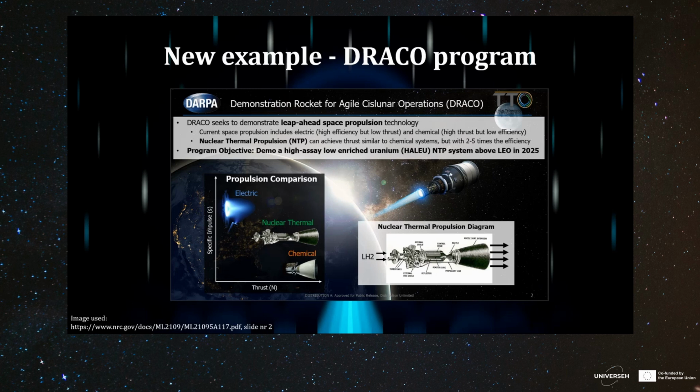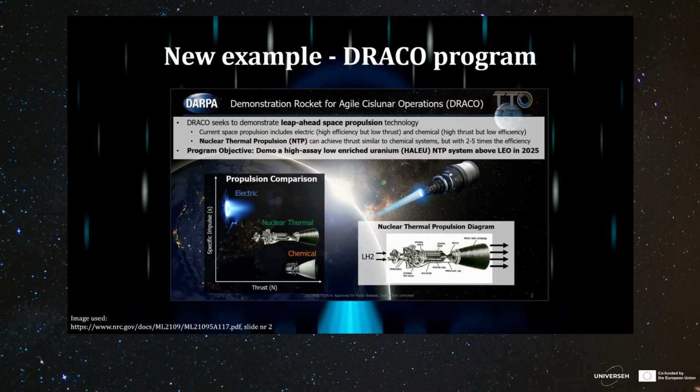Draco program. NASA, in partnership with the US Department of Energy, has recently accelerated NTP development, NTP being nuclear thermal propulsion. In 2023, NASA and DARPA announced the Draco program to test this propulsion engine in space by 2027.